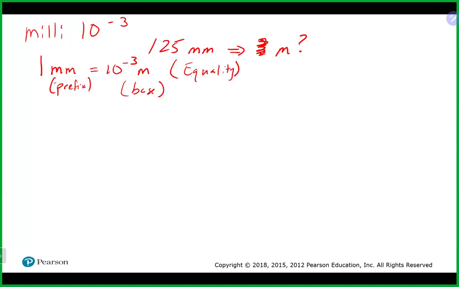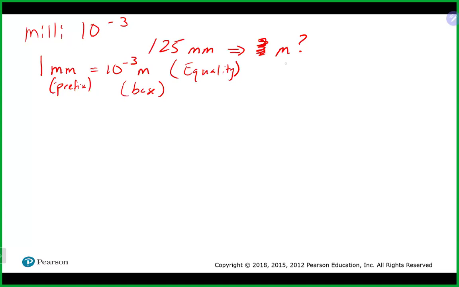So, as I mentioned earlier, from any equality we could actually write 2 conversion factors. On this particular one, we're just going to write 2 fractions. We could say 1 millimeter on top is 10 to the minus 3 meters on the bottom. Once again, that is 1 times 10 to the minus 3, if you need to punch it into your calculator in scientific notation.